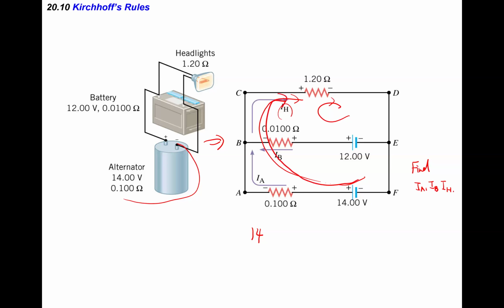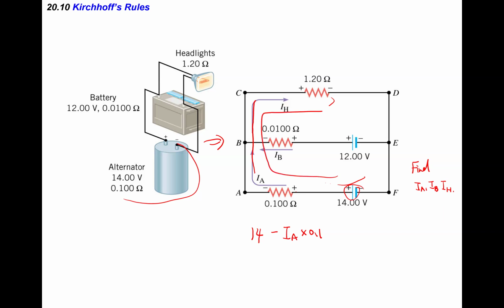We have the 14 volts, right? This is a potential rise. And from here, positive to negative, you have a potential drop, so it's minus IA times 0.1, and then keep on going up.